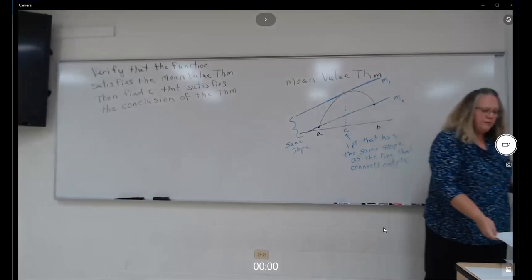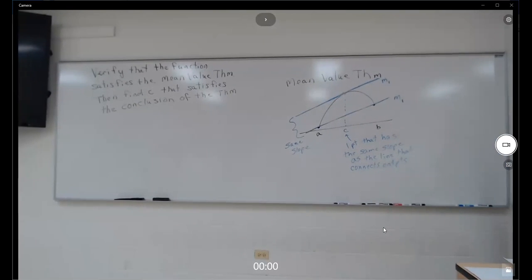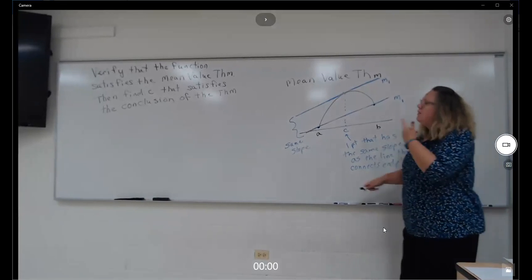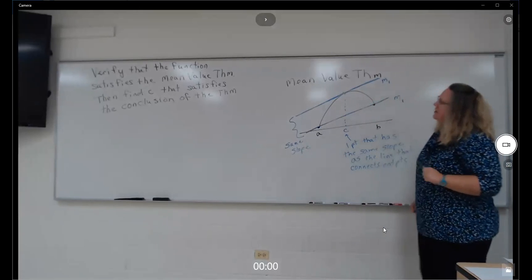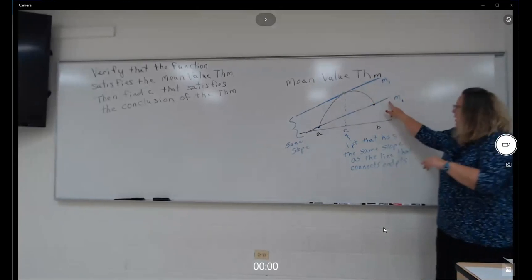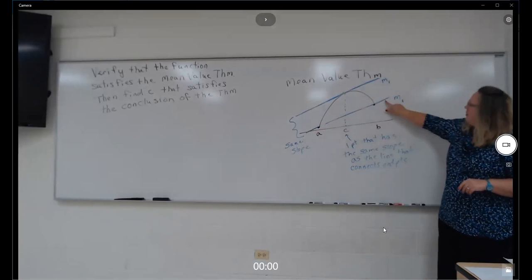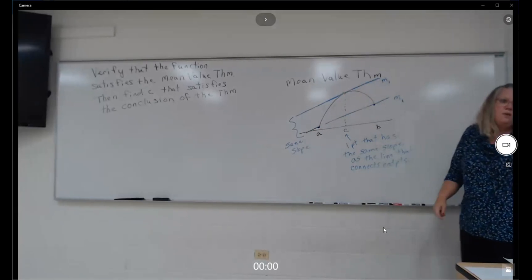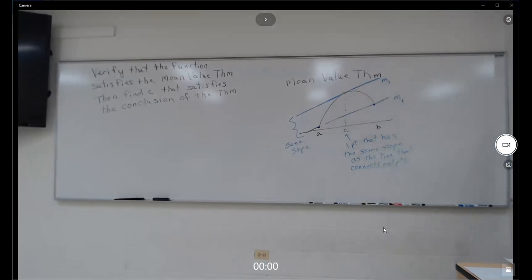So we have to verify that it meets, and remember, the mean value theorem only has two things, continuous and differentiable. Then if those things occur, we're going to find C that satisfies the conclusion of the theorem, which is what I just erased: that the slope of the line that goes through the endpoints, we can find that C value that has the same slope. So that's what the conclusion is saying.